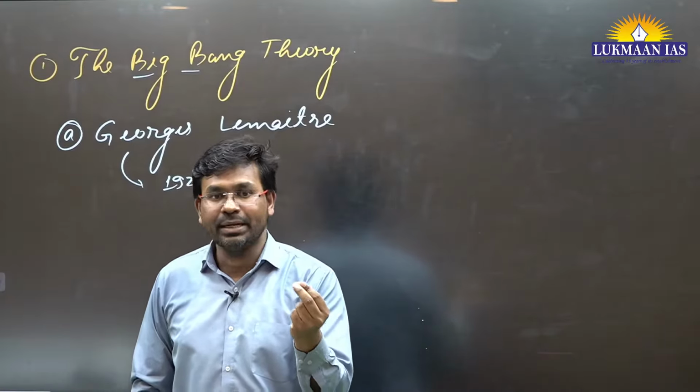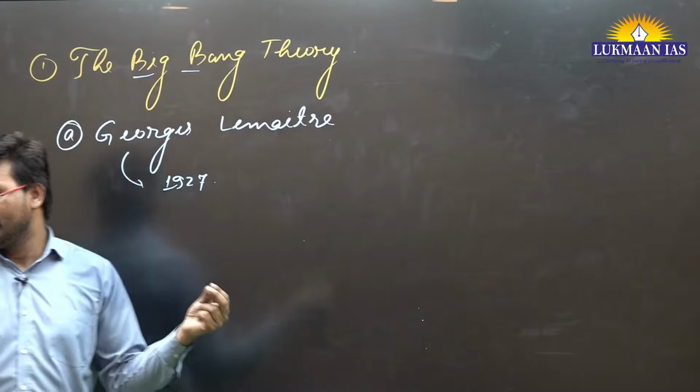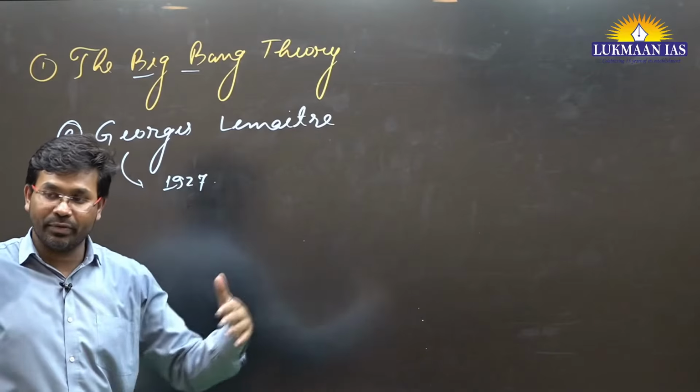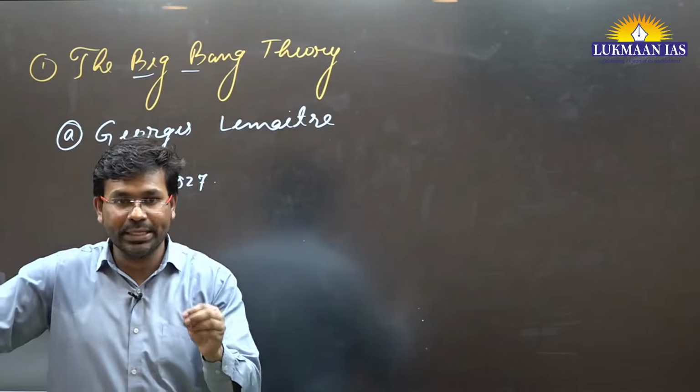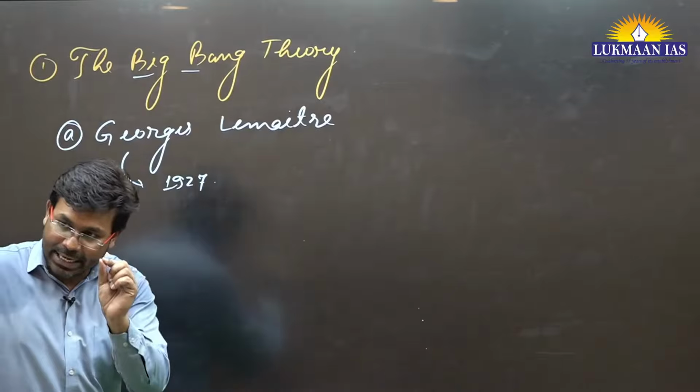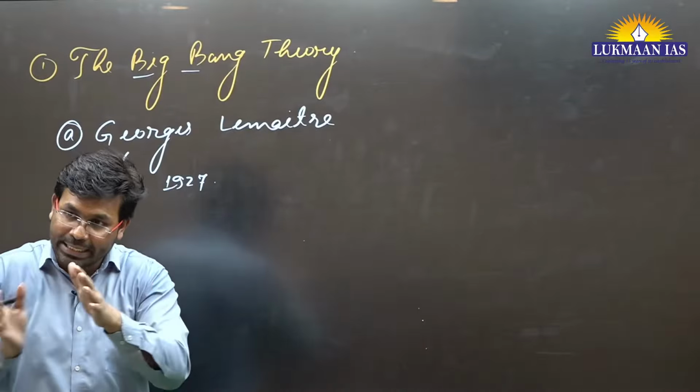The universe started as a single point, expanded, and became the universe that we know today. So he has given this idea: that the universe has started from a single point and it has expanded.